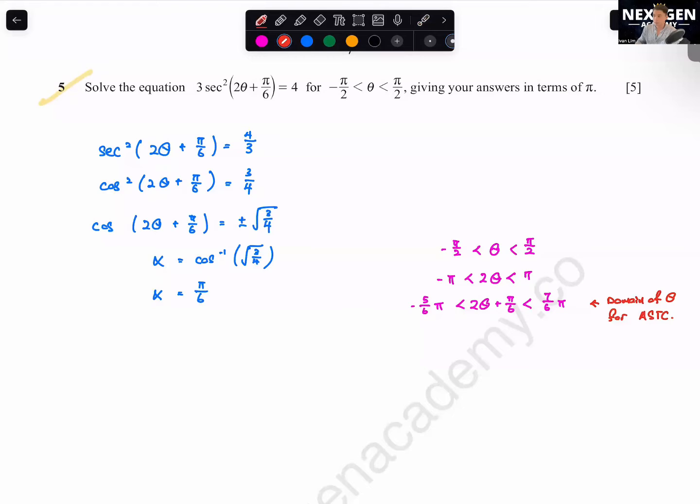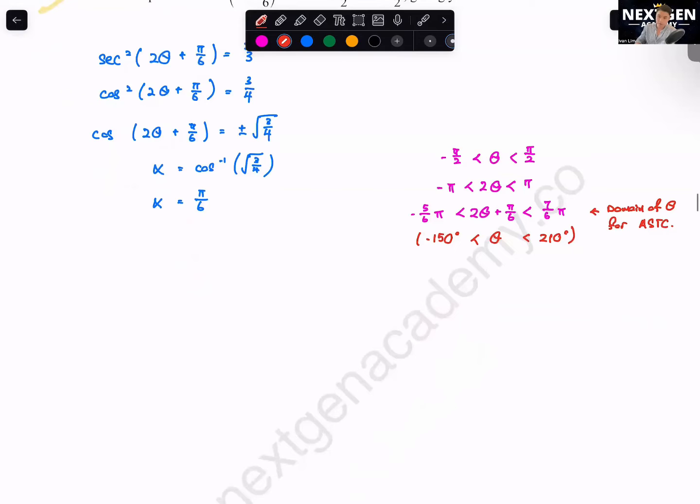So what's negative 5 over 6 pi? You multiply 5 over 6 times 180, you'll get 150 degrees. So you'll need to consider from negative 150 degrees to 210 degrees. This is the domain of angles that I want to consider in my ASTC graph.